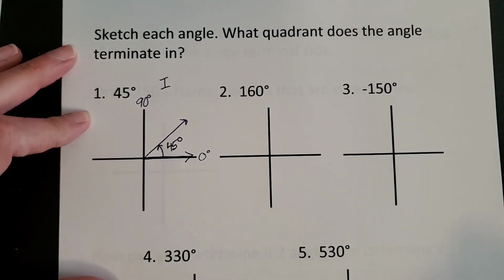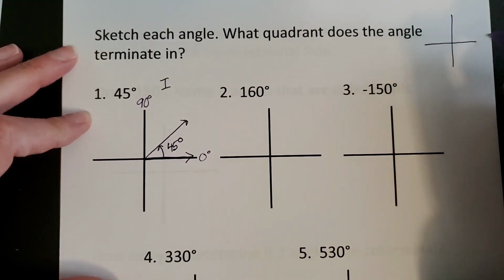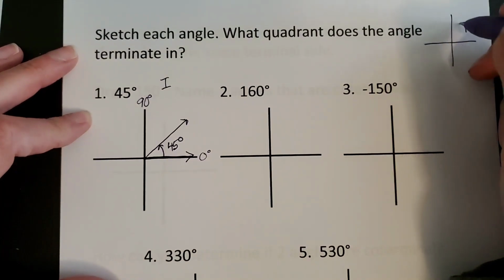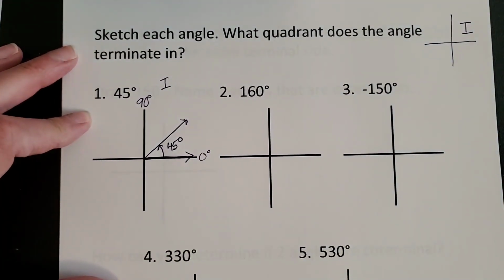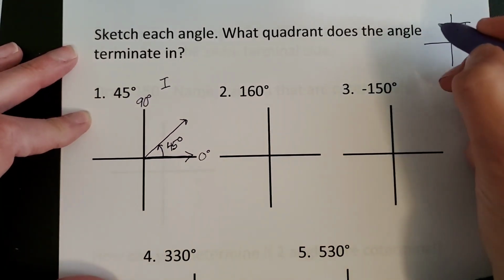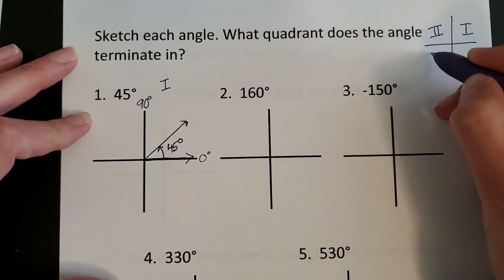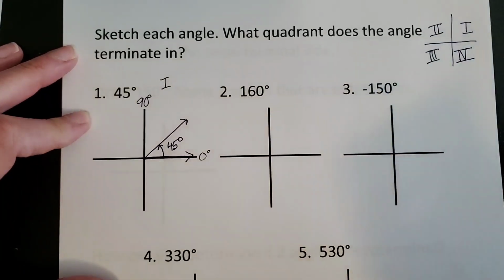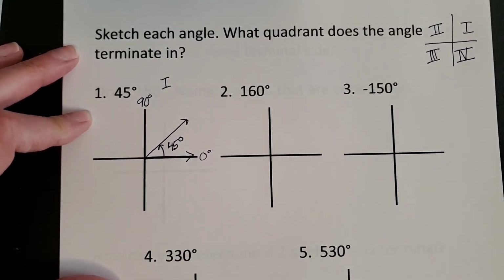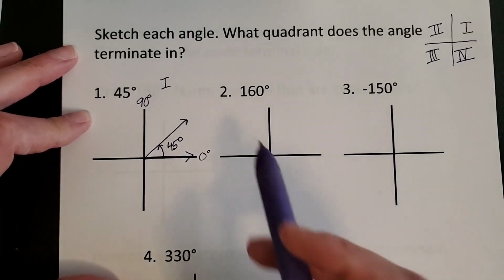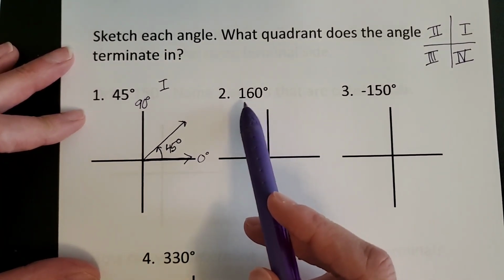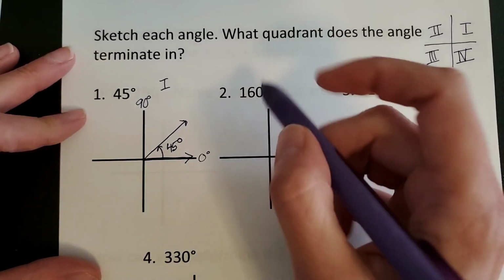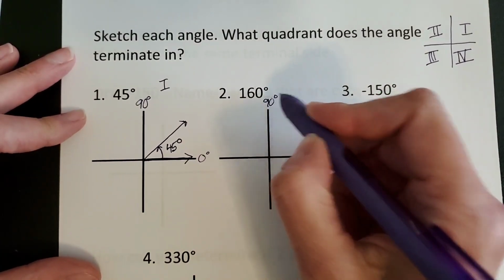Remember that your quadrants start here, and it's actually that standard position of an angle that determines the order. They go counterclockwise. This is quadrant 2, quadrant 3, and quadrant 4, and we like those Roman numerals to designate that. So if I'm trying to decide what quadrant 160 degrees is in, I need to know that straight up is 90 degrees.